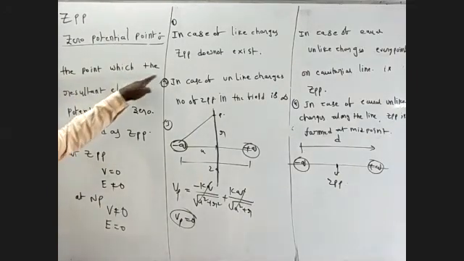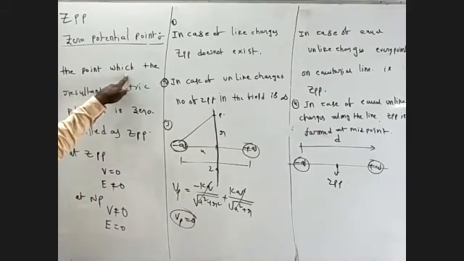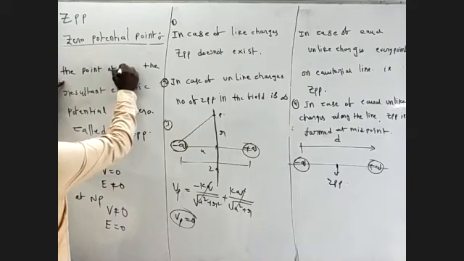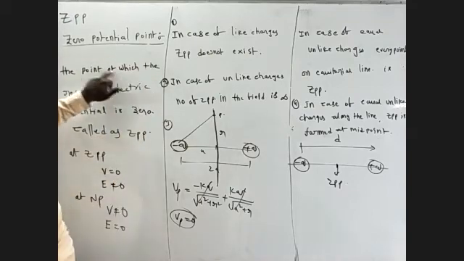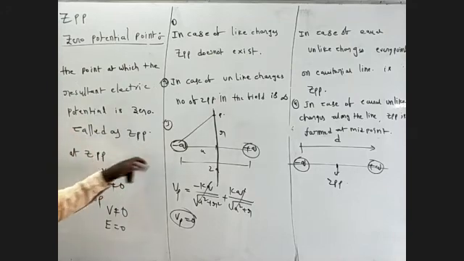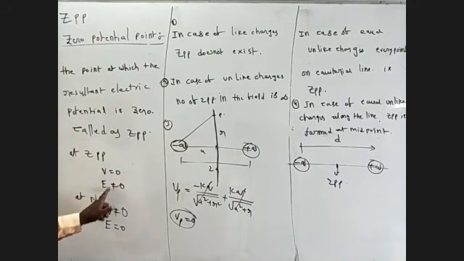The point at which the resultant electric potential is 0 is called ZPP. At ZPP, V is equal to 0, E is not equal to 0. At NP, the neutral point, V is not equal to 0, E is 0.